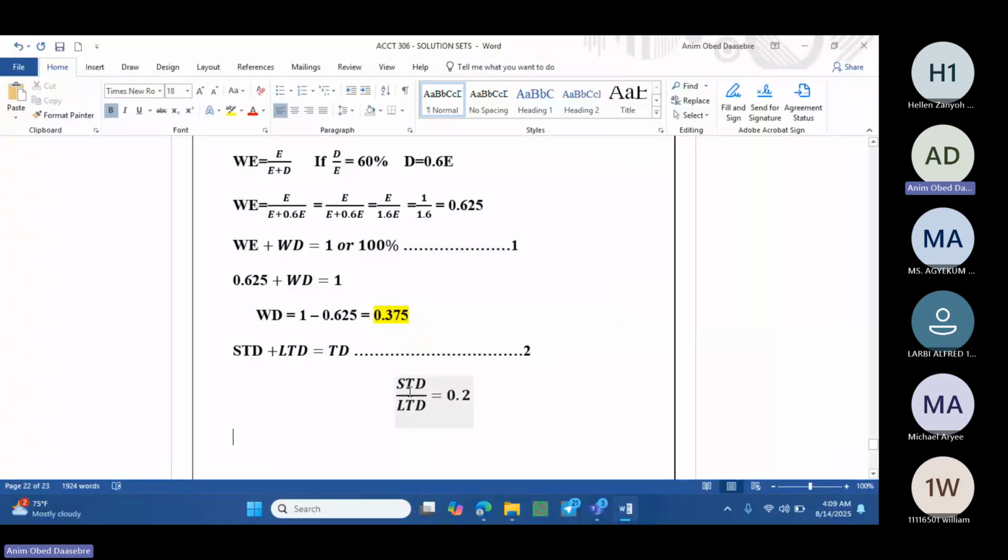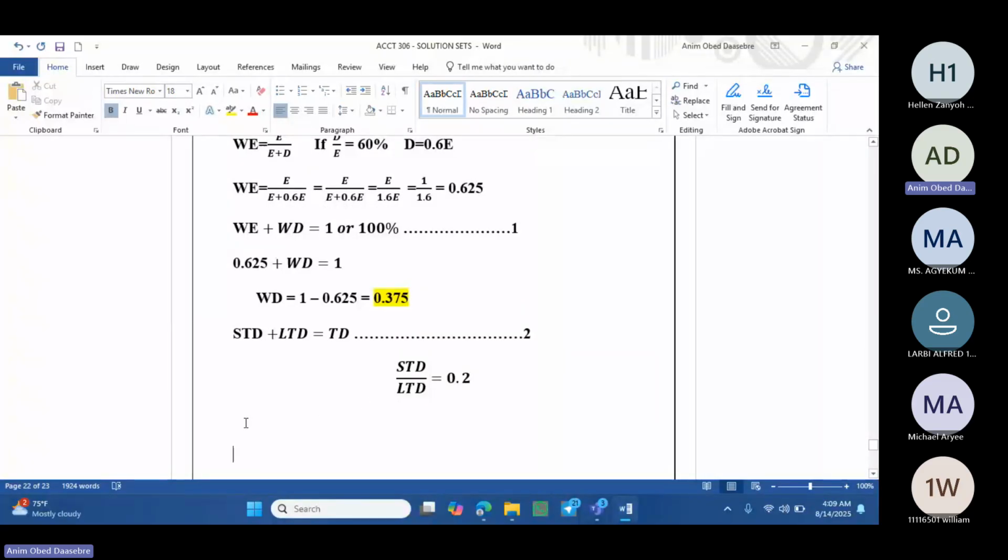What is the short-term rate? If you want to find the rate of each of them, if you want to find the rate of short-term debt, it is going to be this.